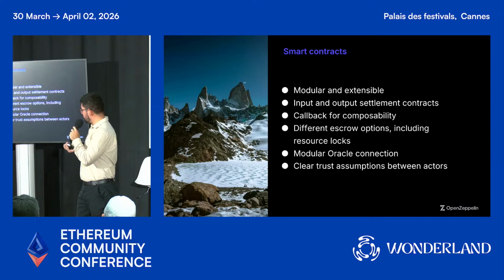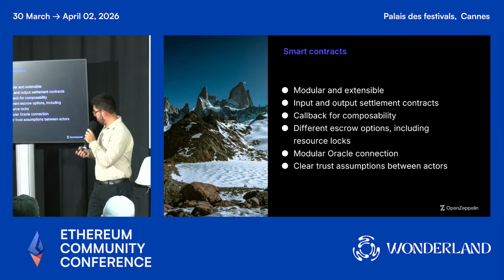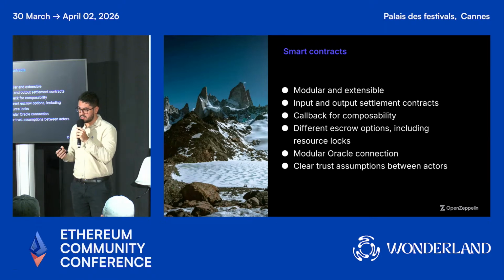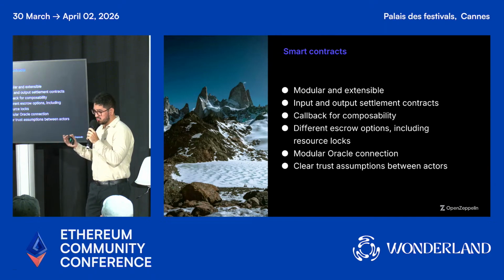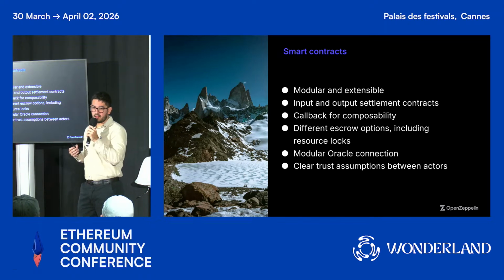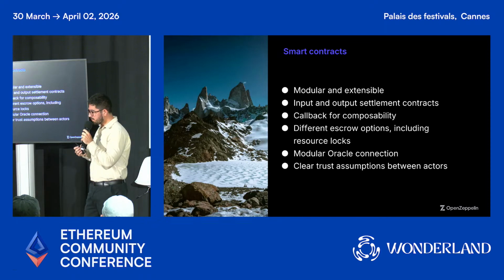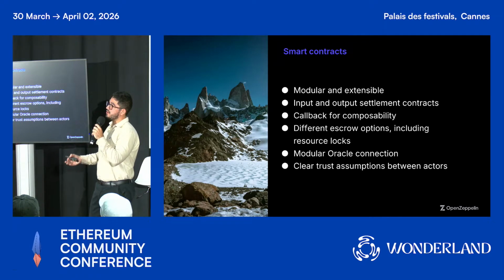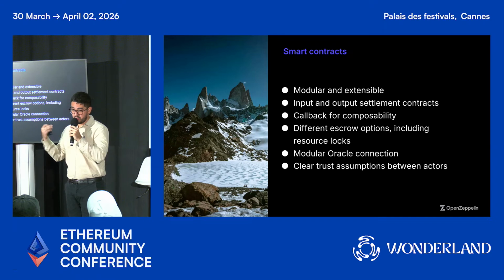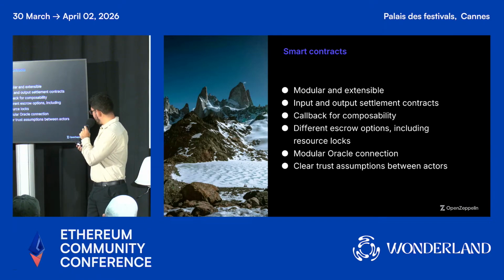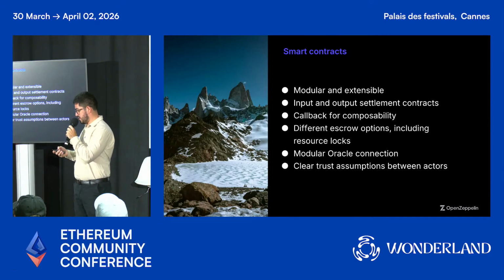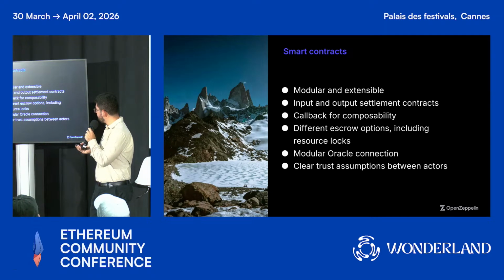And as I mentioned before, we have different oracles. We lastly implemented a cross-chain broadcaster with the help of the Arbitrum Foundation. So you have the same guarantee as the canonical bridge. And of course you can trust many actors between that.